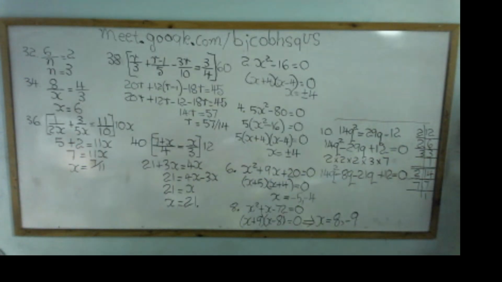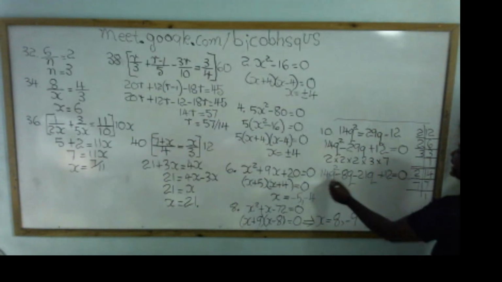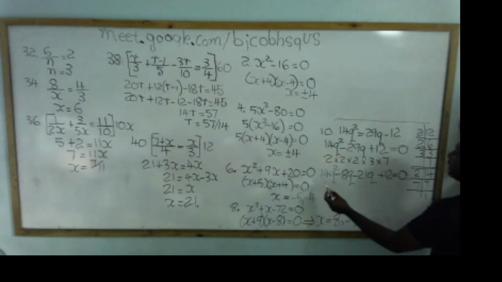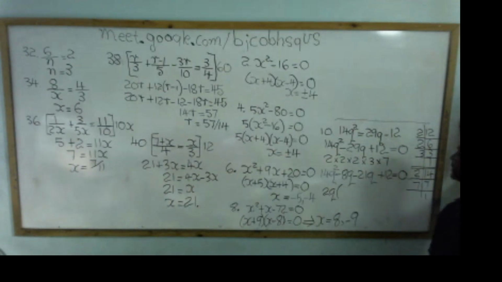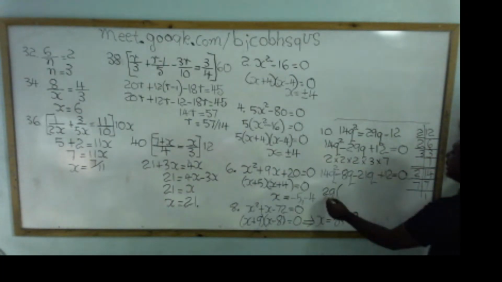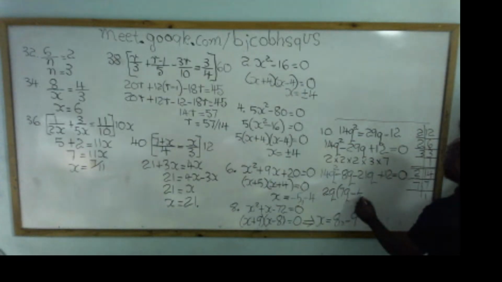And what do we do now? We factorize. What's common in 14 and 8? What's common in q squared and q? It's just 2. So 2q is the common factor. 2 into 14 is 7, so 7q, minus 2 into 8 is 4, and the q will cancel.